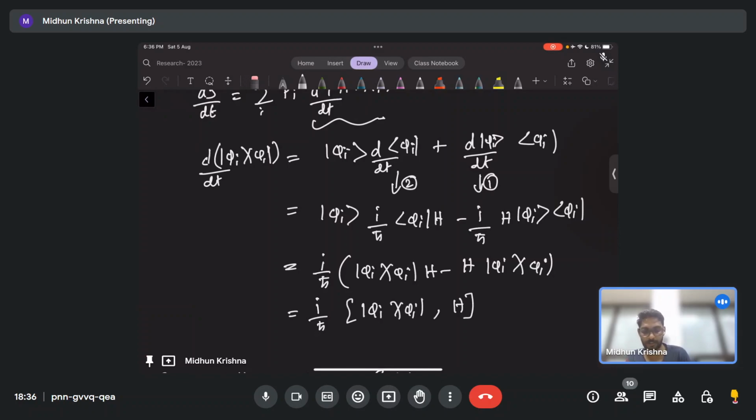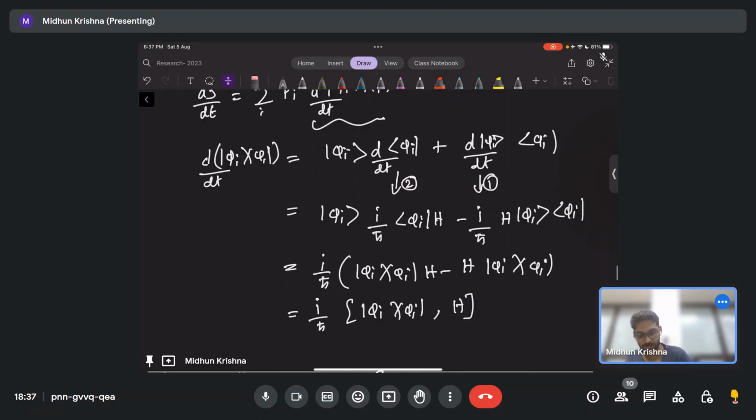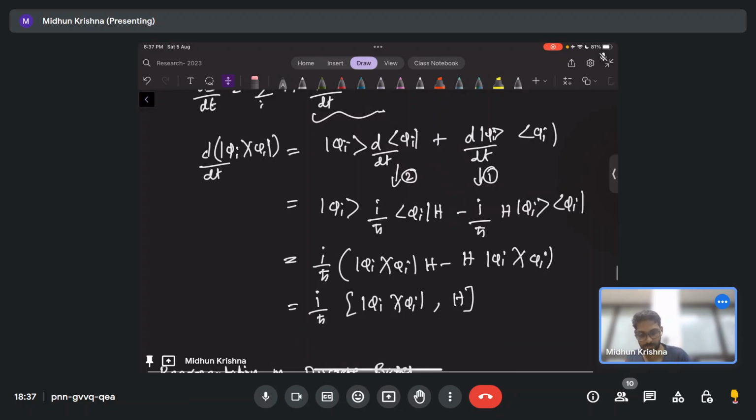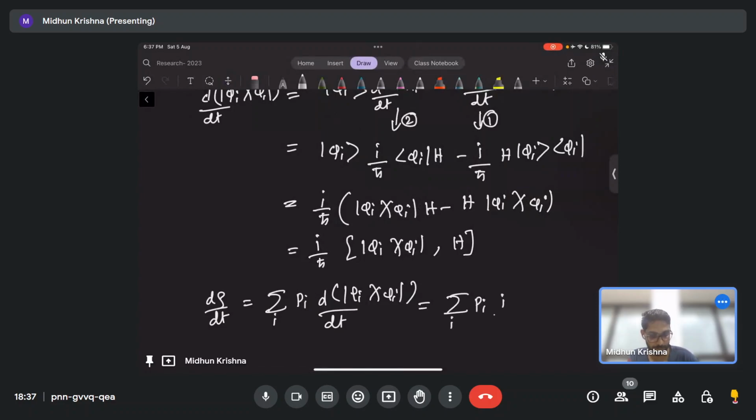Now I can substitute that in this expression. So d rho by dt is equal to sum over i pi d by dt of phi i, which we now found to be sum over i pi, this i by h squared, phi i comma h.